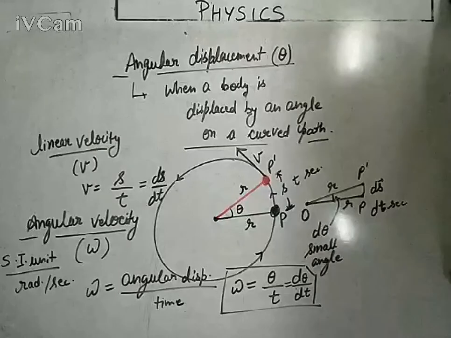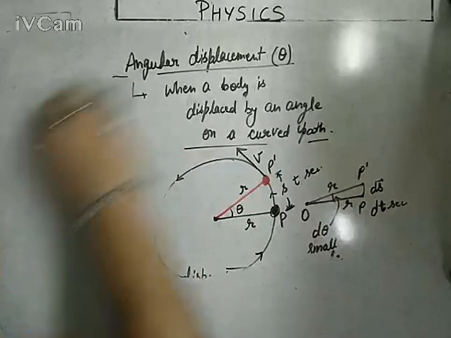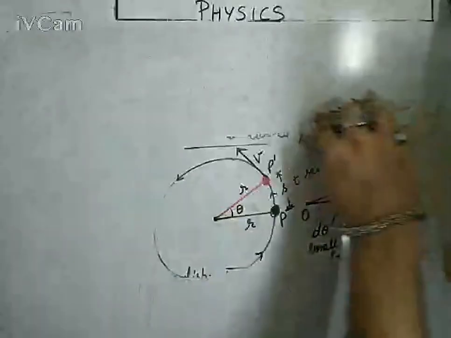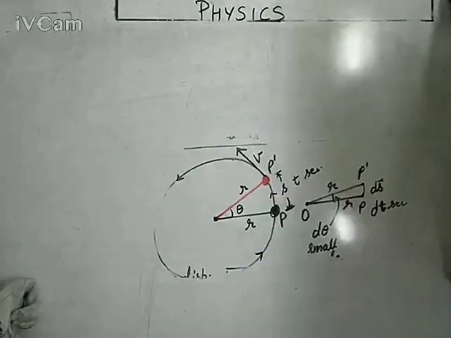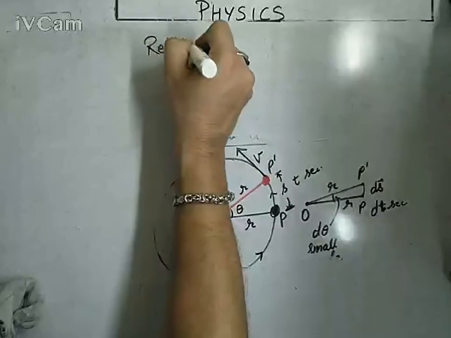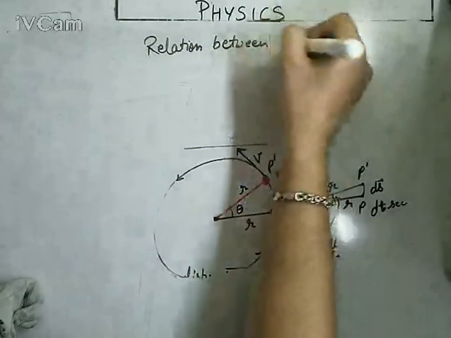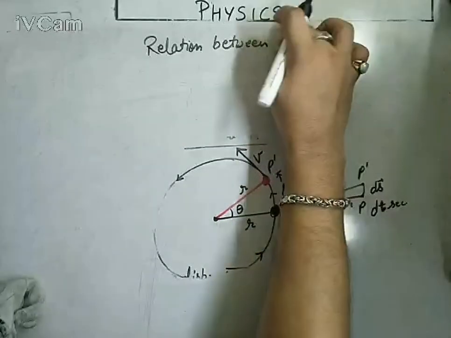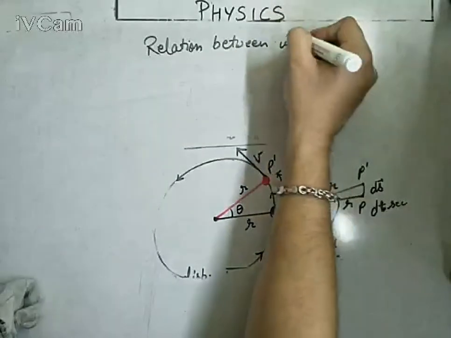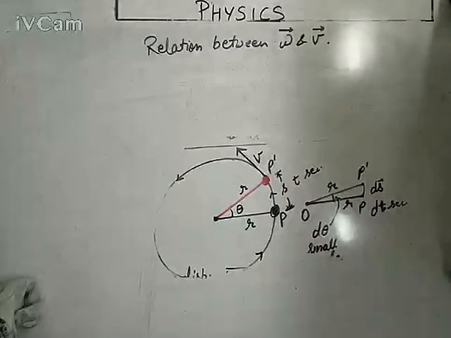Our next target is the relation between angular velocity and linear velocity, the relation between omega and v. Keep in mind that omega is also a vector quantity.